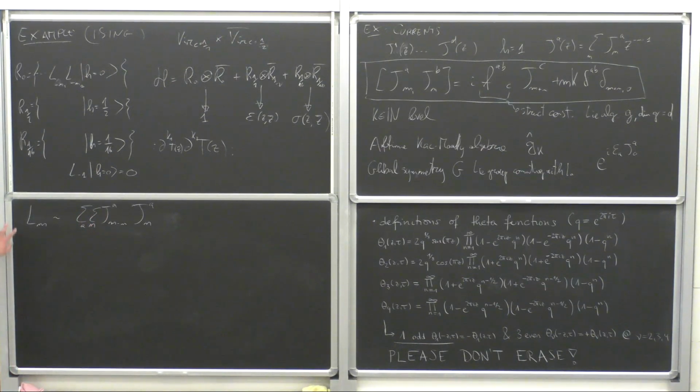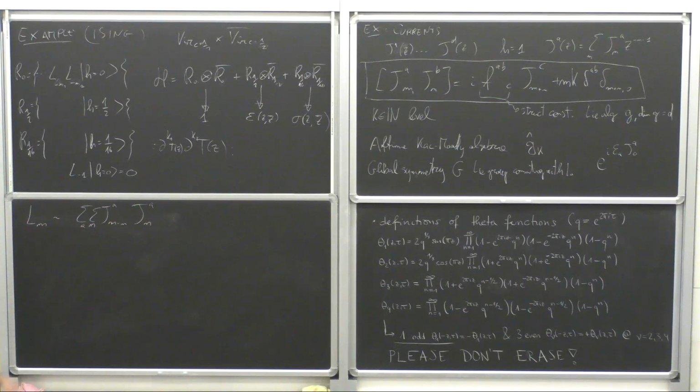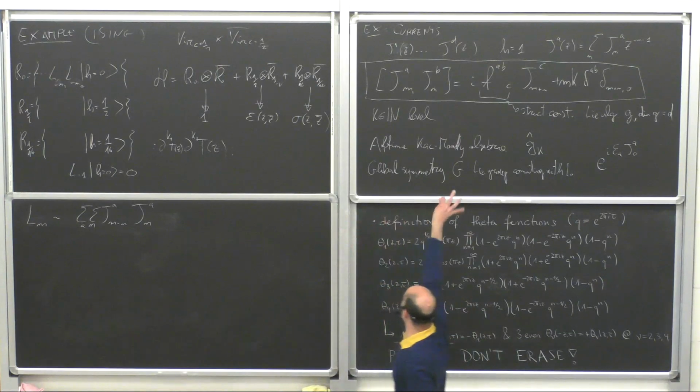With a suitable normalization that depends on the level and on the kind of Lie algebra, which is standard, this is a copy of the Virasoro algebra at some central charge C that again depends on the level and the algebra. So you have a Virasoro algebra inside here.